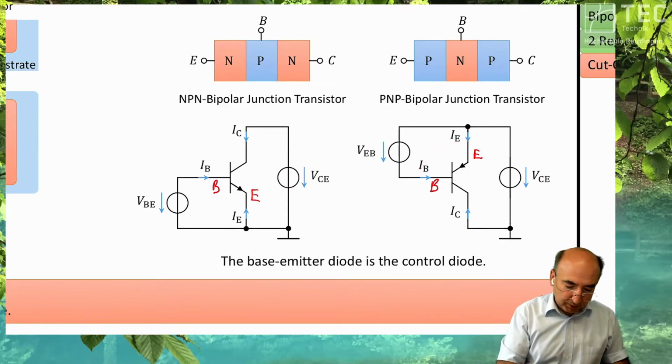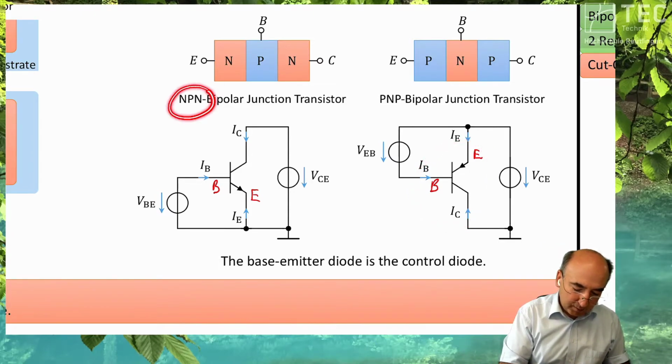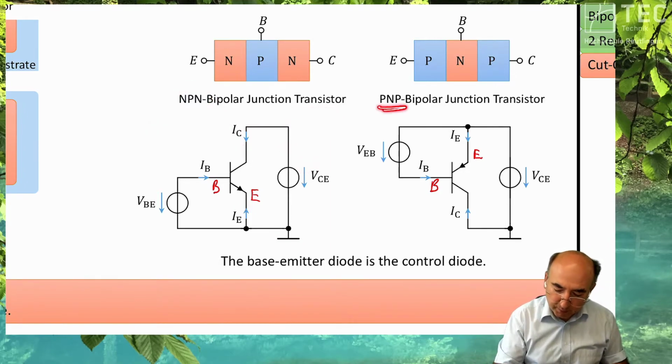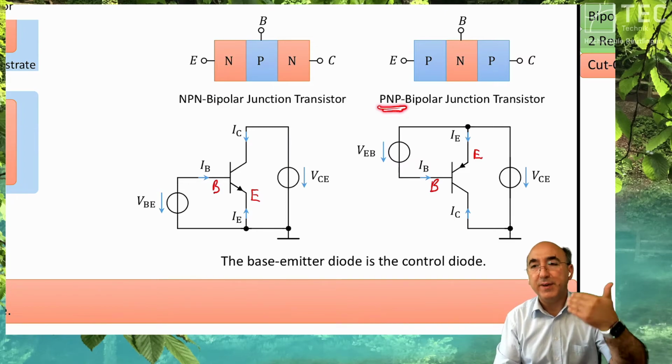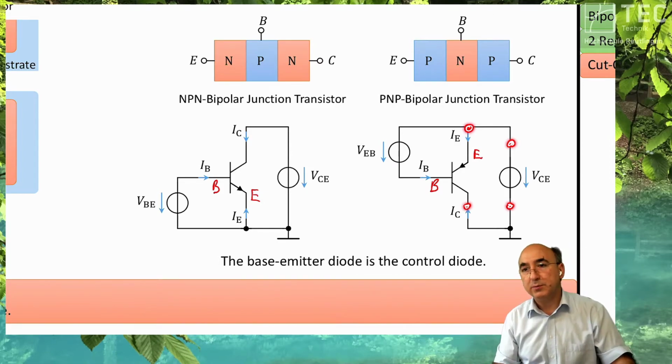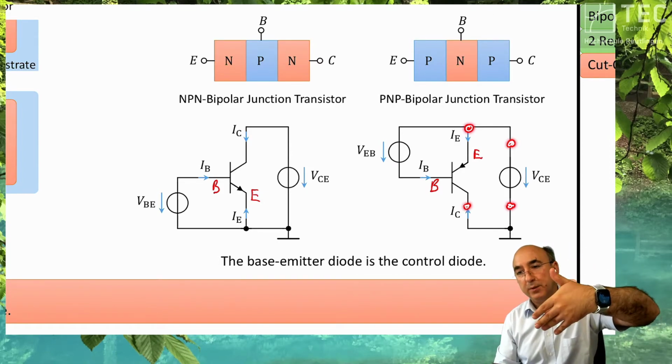So for the usually used NPN, this is the powerful one. The emitter has the lowest potential, the collector has the highest potential. And for the PNP, which is the weak transistor, very weak transistor, the emitter has the highest potential and the collector has the lowest potential. Therefore, it's flipped upside down.